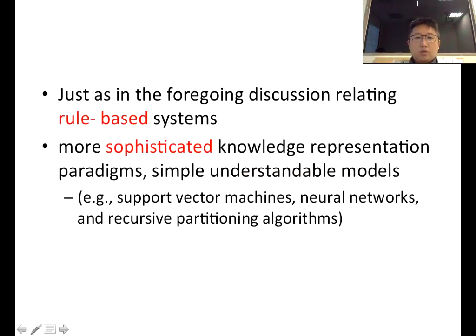In the past it was rule based, but today we will cover a more sophisticated method. We won't cover too much of the support vector machine or neural net. We will cover logistic regression, the decision tree, and the neural network.